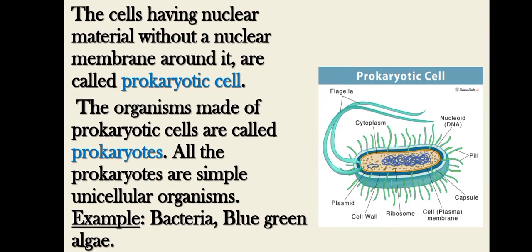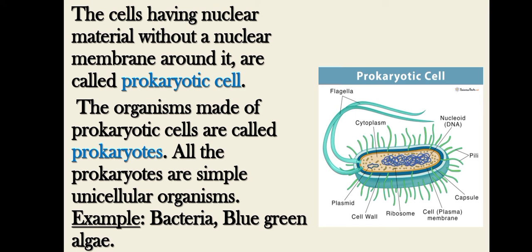Now, there are two types of cells: prokaryotic cells and eukaryotic cells. Prokaryotic cells are more primitive than eukaryotic cells and have a simple structure. The nucleus of prokaryotic cells is not well organized.